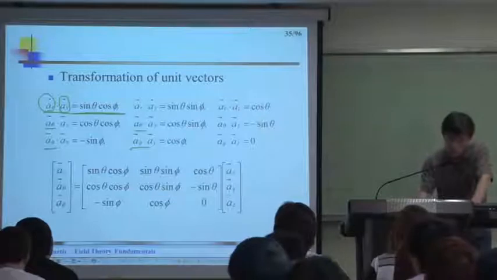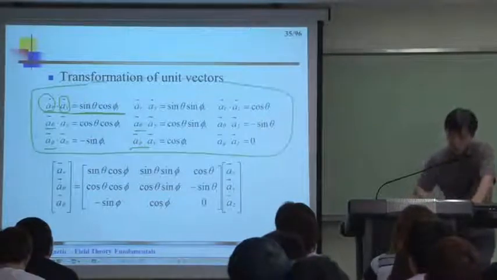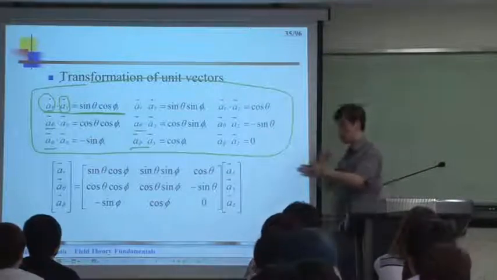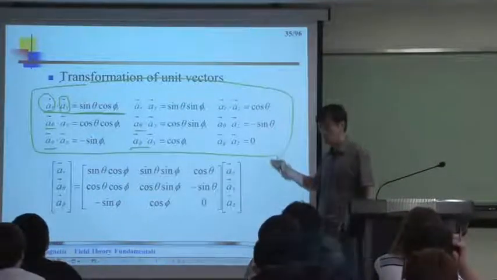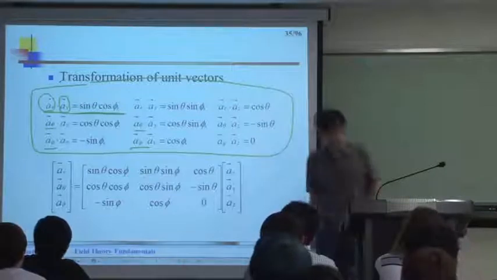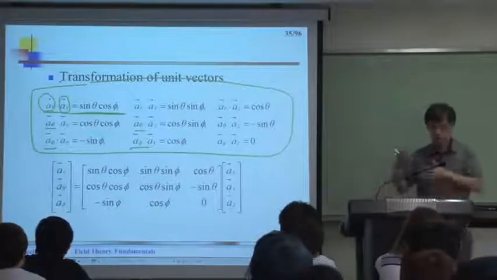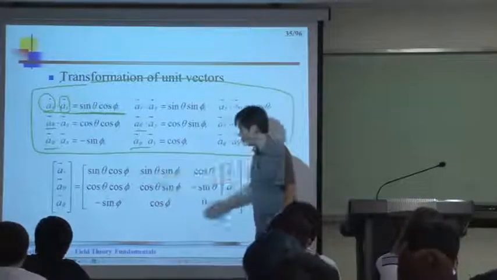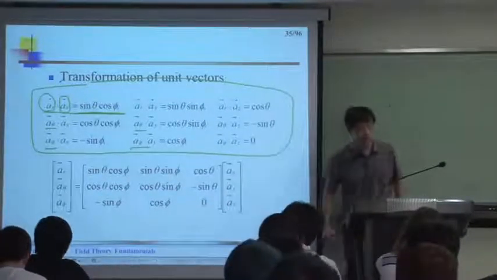So we can obtain the 9 components, the angle relation between r theta phi and xyg. Okay, so these relations can be written in this matrix equation.